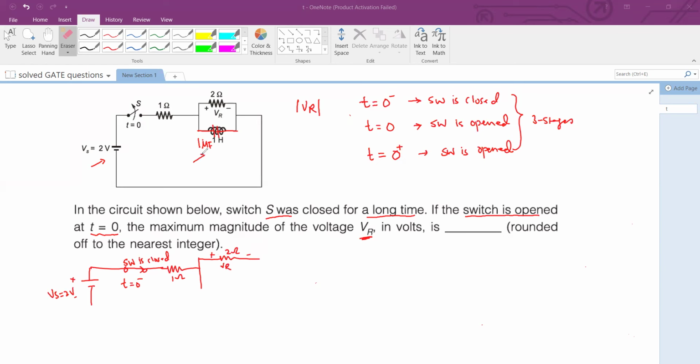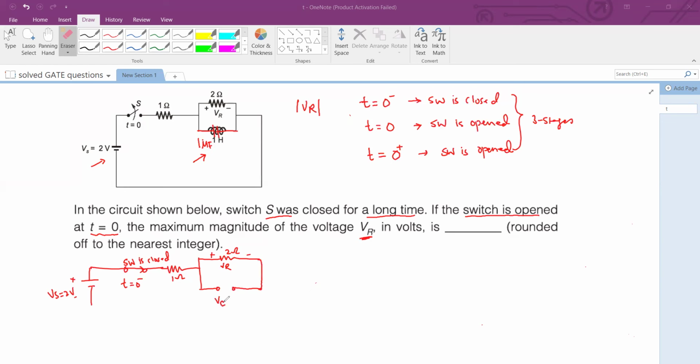How about this capacitor? Remember, we don't have any inductor now. Instead, we have this capacitor. Since the switch has been closed for a long time, the capacitor has reached its steady state, which means it is fully charged, and we can represent it by an open circuit like this.